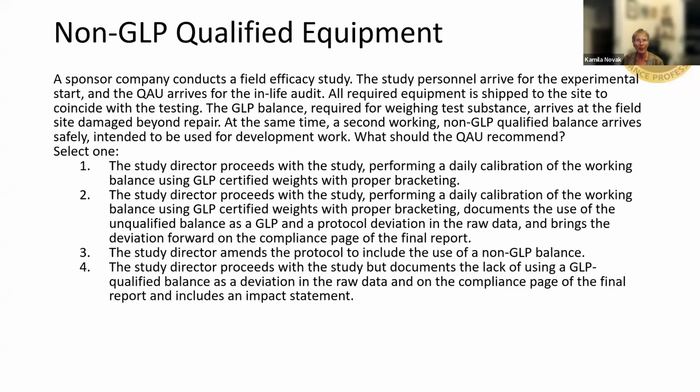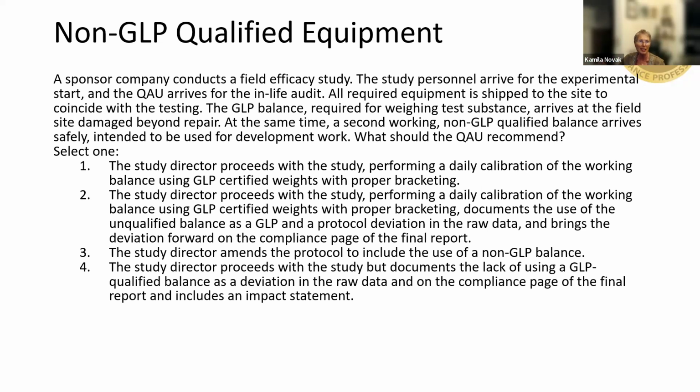Let's take the next one. Equipment. A sponsor company conducts a field efficacy study. The study personnel arrive for the experimental start, and the quality assurance unit arrives for the in-life audit. All required equipment is shipped to the site to coincide with the testing. So it's right there coming. It's not that it was delivered already and there was enough time to check everything.